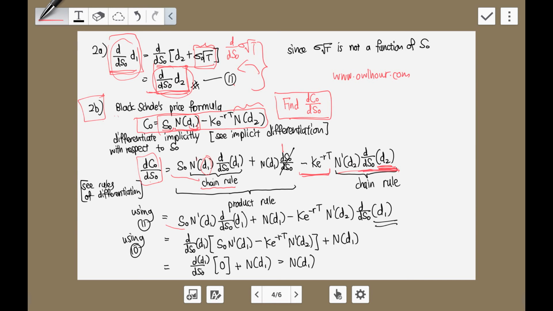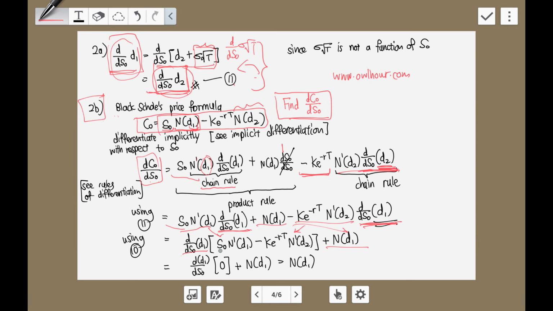Because they are equal by equation 11, the next thing I do is factorize out. These two terms are the same, so I factorize them out, keep this part here and this part here. This is basic factorization, and this N(d1) I bring over to the other side.